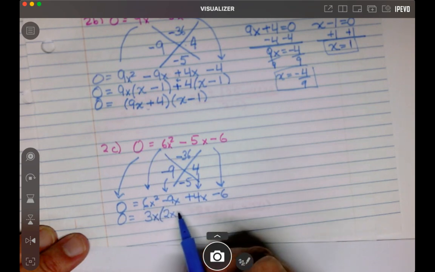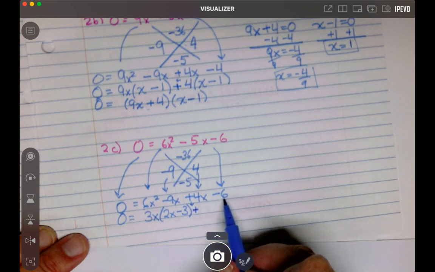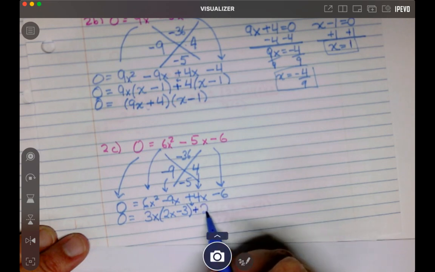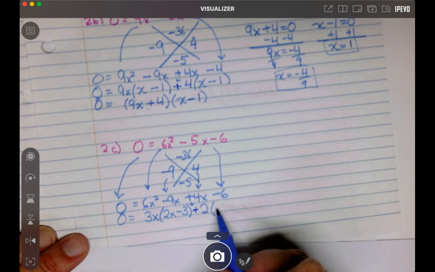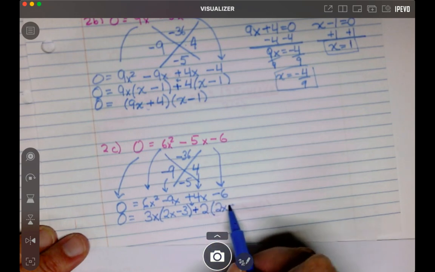Negative 9x divided by 3x is negative 3. I bring down this sign, in this case it's a positive. And what's the greatest common factor between 4x and negative 6? That's going to be 2. 4x divided by 2 is 2x. Negative 6 divided by 2 is negative 3.